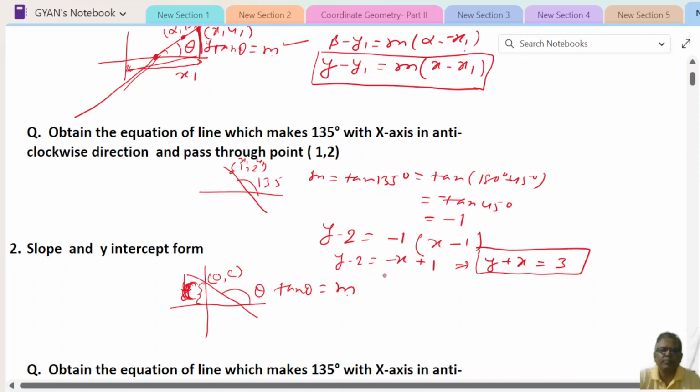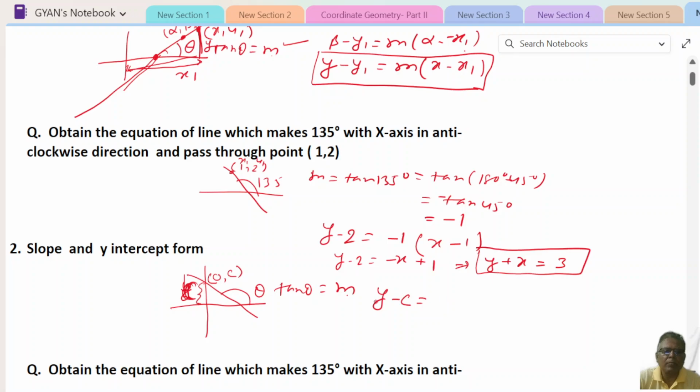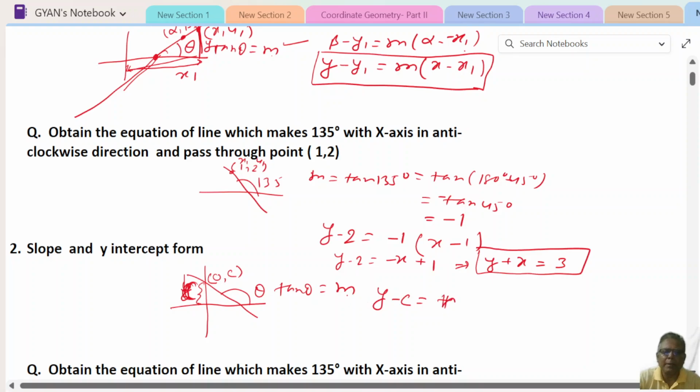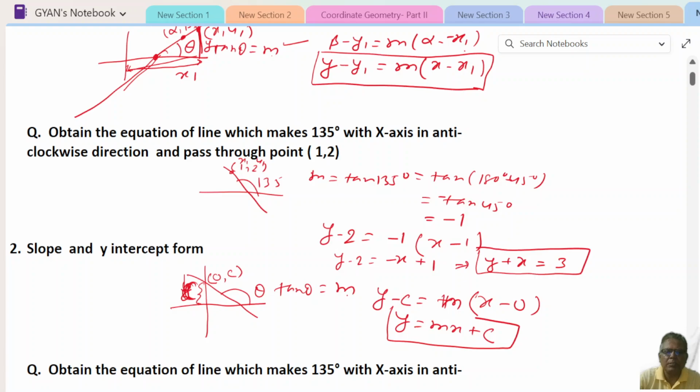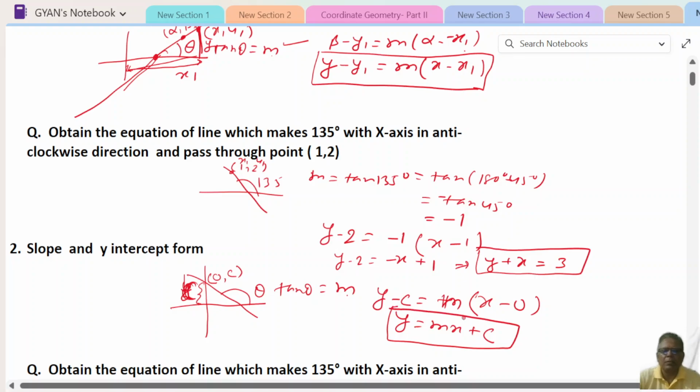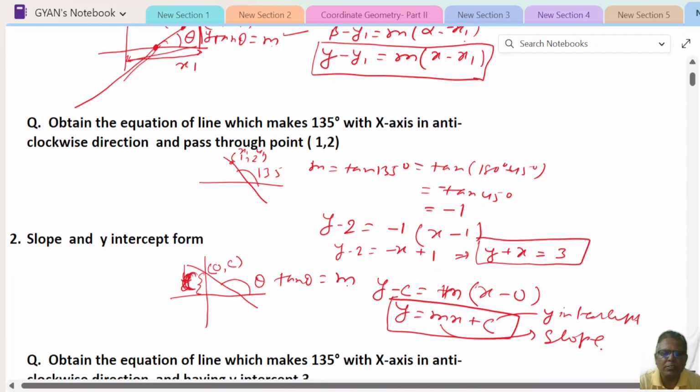So use this formula, then it will be y minus c is equal to m, that is tan theta, into (x minus 0). So y is equal to mx plus c. So this is the y-intercept and this is the slope. So if the slope and y-intercept are given, you can write the equation.